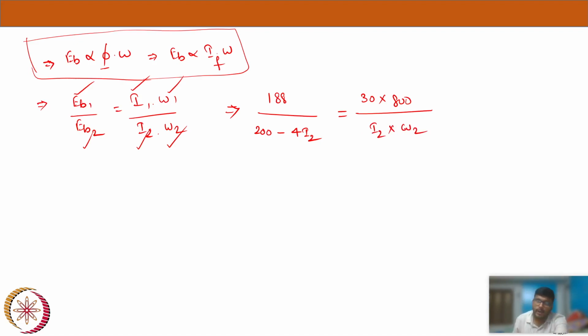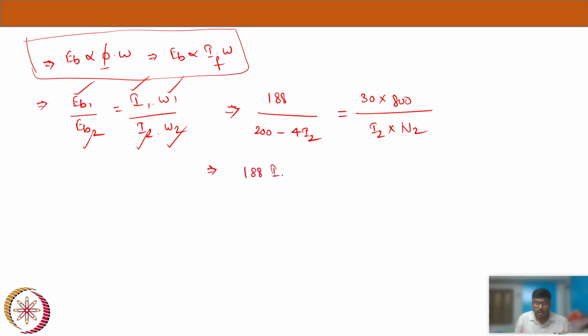Usually omega 2 we write in radians per second, but if it is in rpm we write it as capital N, so let's follow that notation. Now you cross multiply this and we will get some relation.